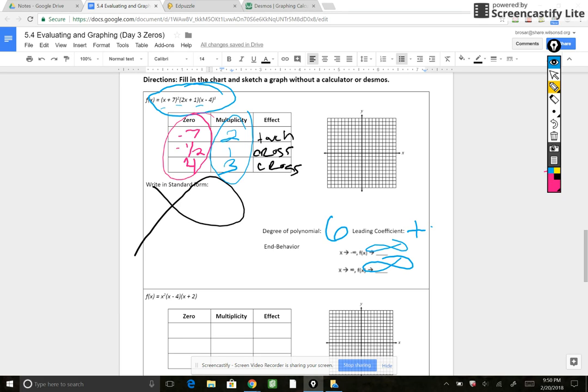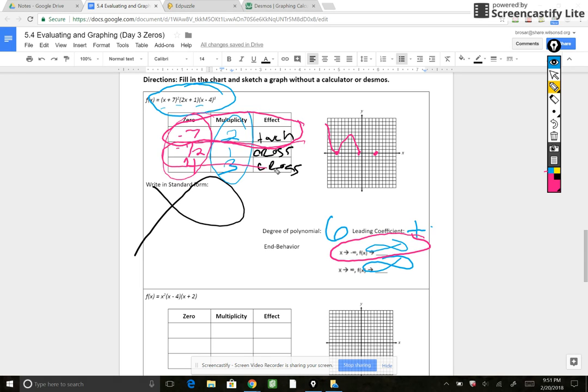So plot your zeros. So -7, -1/2, do your best. And then 4. Okay. So looking at my end behavior to the left, I'm starting up. So up to this. Well, at -7, I'm just touching. So I'm going to touch and go back up.